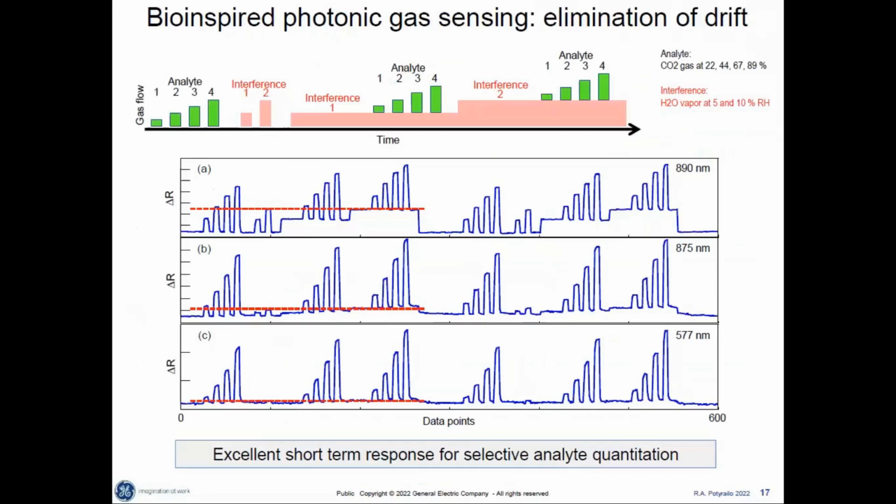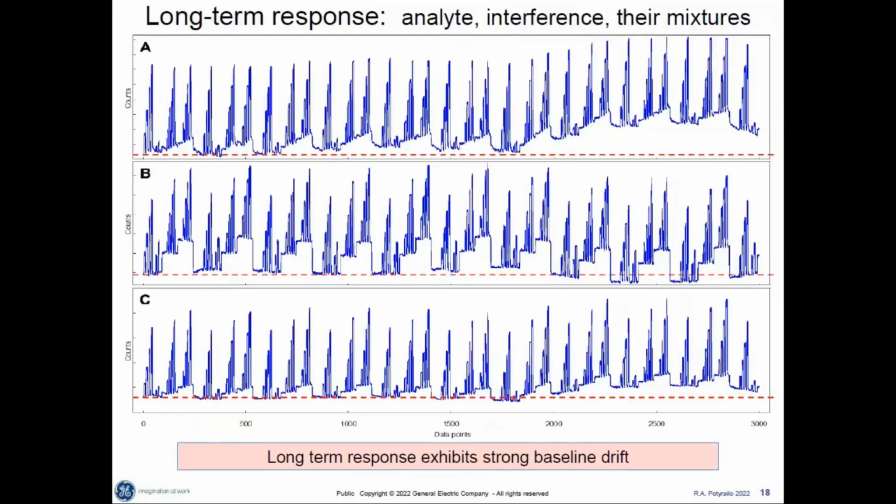So you can see exposures to analyte, interference, mixtures, and these are two replicates of these steps. And at different wavelengths, you can see that the responses to humidity can be either relatively large or very tiny. So over the time of the experiment, you can see that some of the wavelengths show this type of baseline change, other wavelengths show this baseline change.